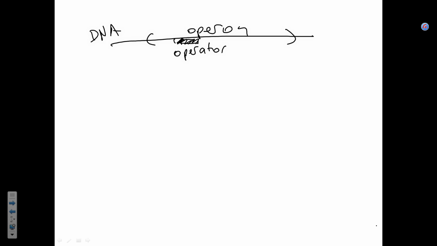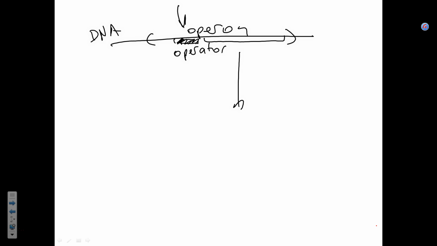That control is via DNA, okay? So the structural genes here may or may not be transcribed. Does it make sense? Okay, I'm getting to the answer. They may or may not be transcribed, and it is controlled by this operator sequence.